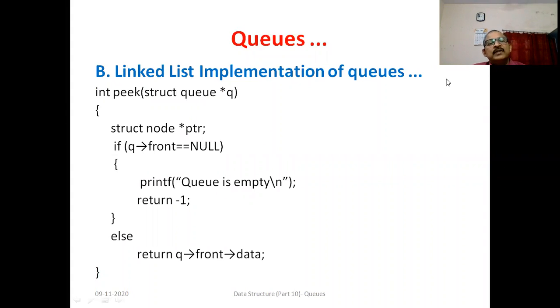Next, peek. If queue front is equal to null, the queue is empty, else we simply return queue front data. Here you can see the value of the queue front does not change.